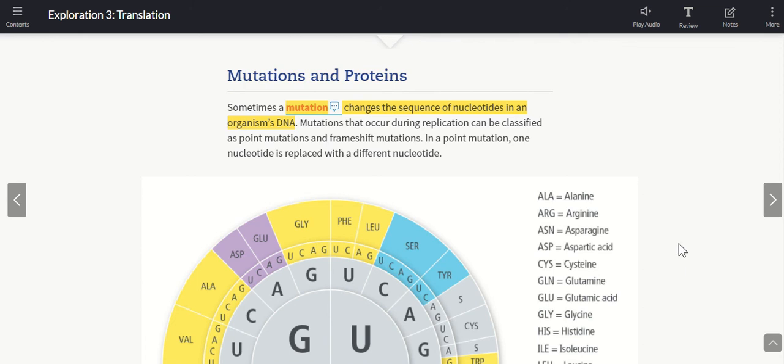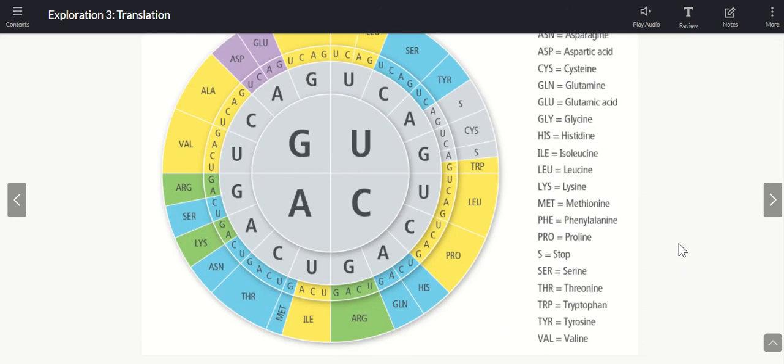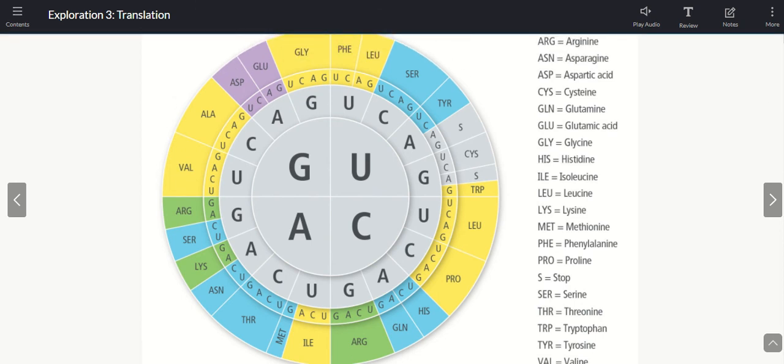A mutation during protein synthesis usually means that when the messenger RNA was created, it didn't quite copy down the DNA perfectly. Now, here's the thing. It might not matter because when the ribosome goes to read that message, as we demonstrated earlier, if the 3rd letter of that codon is changed, might not make a difference.